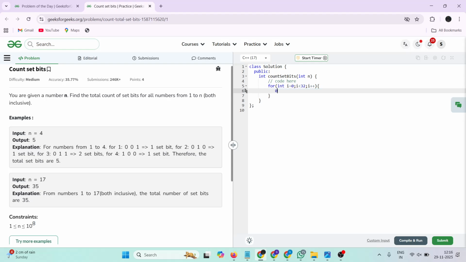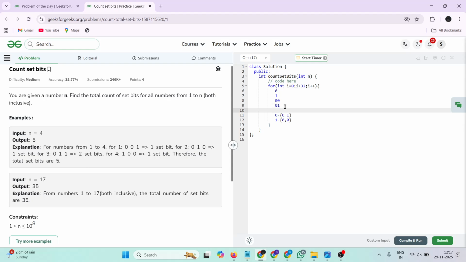Suppose this is 0 and then 1. What would our next numbers be? The next numbers will contain 0 and 1 with 0 and 1. What I mean is, first we make it with 0, so both numbers come with 0, so this becomes 0 0 and this becomes 0 1.